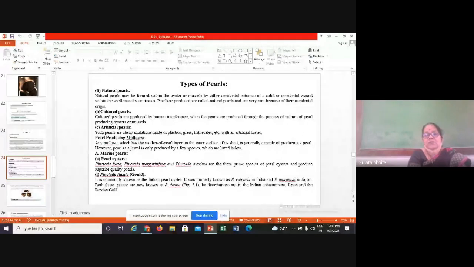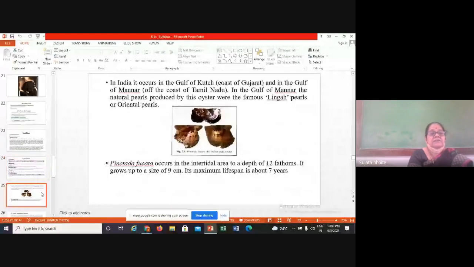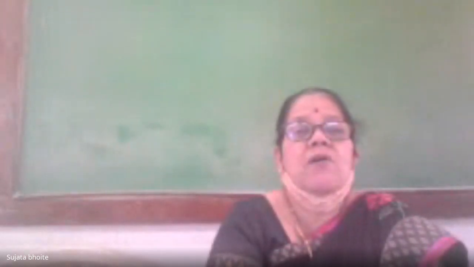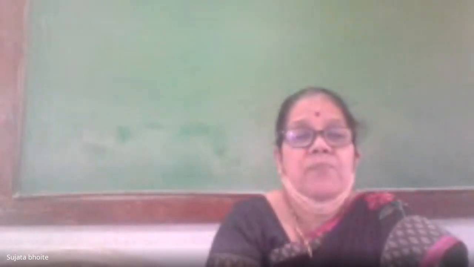Generally, it is distributed in the Indian subcontinent, Japan, and the Persian Gulf. In India, these pearls occur in the Gulf of Kutch, the coast of Gujarat and the Gulf of Mannar. The pearls produced by this oyster were the famous Linga pearls, the ornament of oriental pearls.